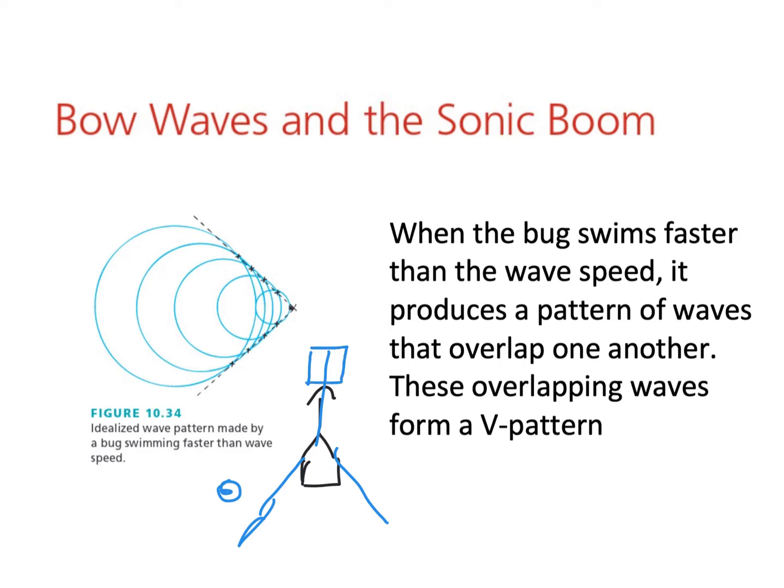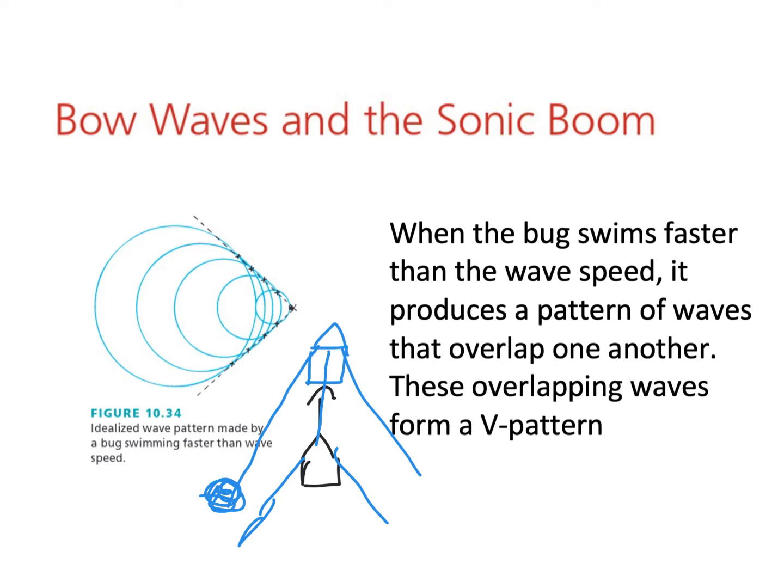So when the boat is kind of here, that wave would now be where it would be swept past, and you would actually feel the wave come past you there. And so the boat actually has to go quite a bit past you for you to feel the wave, because the boat's dragging the wave behind it, in essence. In any case, that's a bow wave. And this, with the boat, is an example of a bow wave in water.